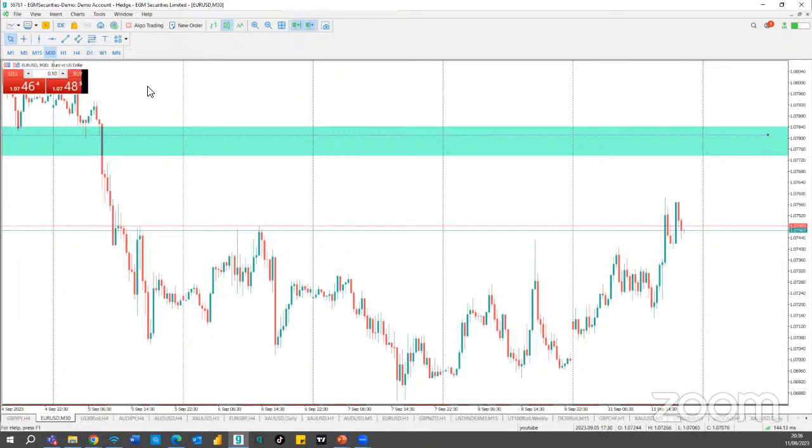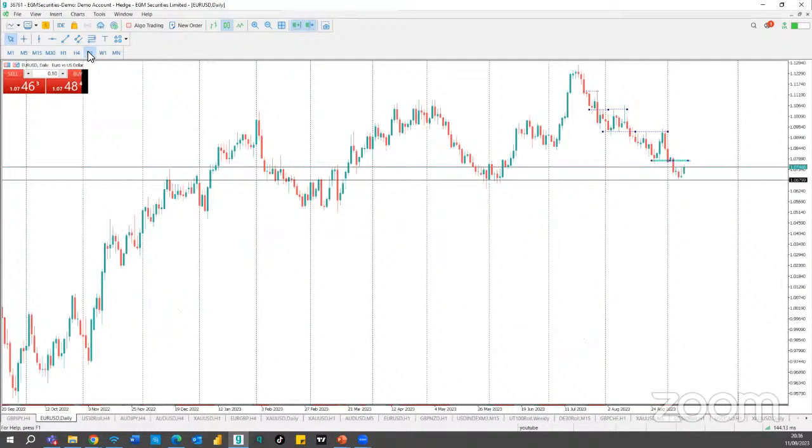So that is what I had for today. Unless you have questions, one thing I'd want to mention is always look at higher time frames. If it's daily, then move to a lower time frame, and sometimes be patient to get the entries.